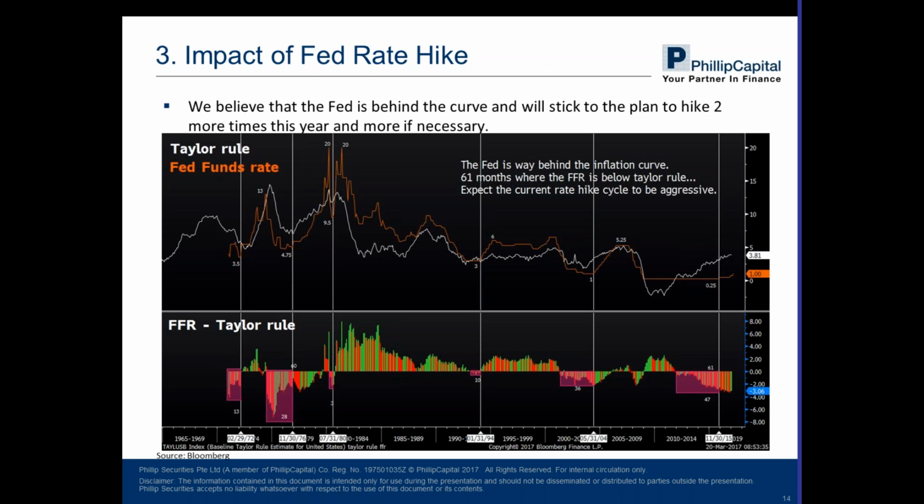Just a brief explanation here: the Taylor rule is a formula that is a combination of your GDP growth and your unemployment rate. So from the chart, you can see easily that the Fed fund rate has always followed the Taylor rule. In fact, the Taylor rule was a leading indicator for the Federal Reserve in determining their targeted interest rate.